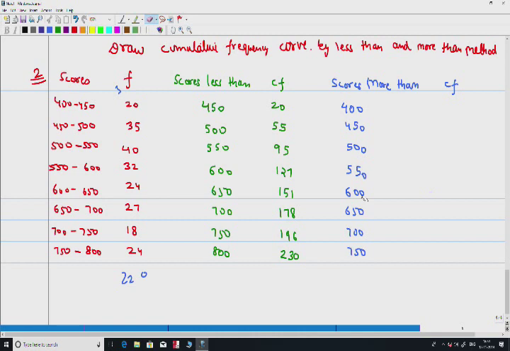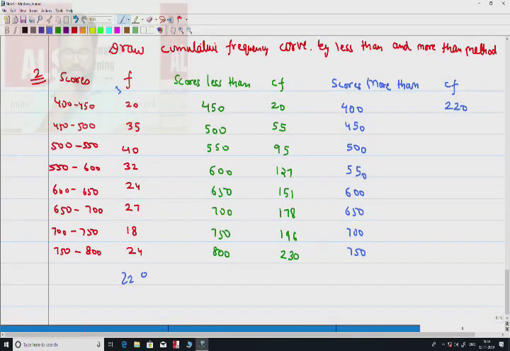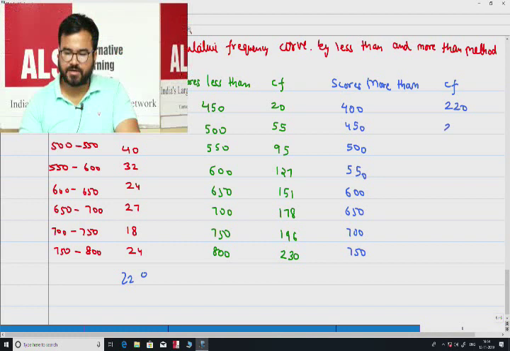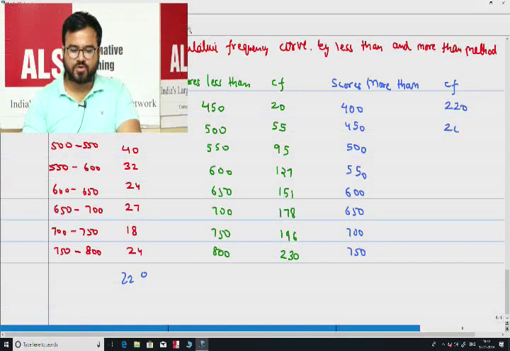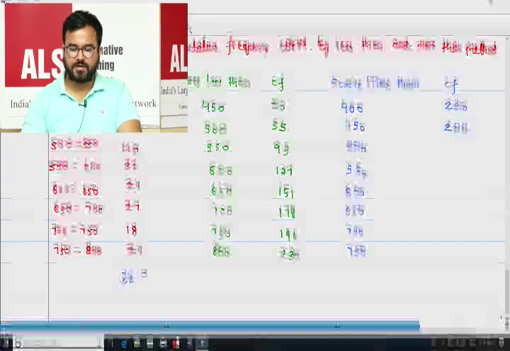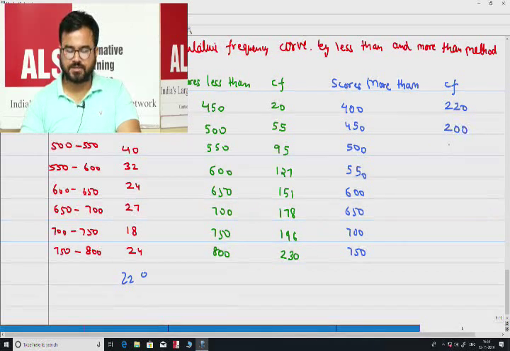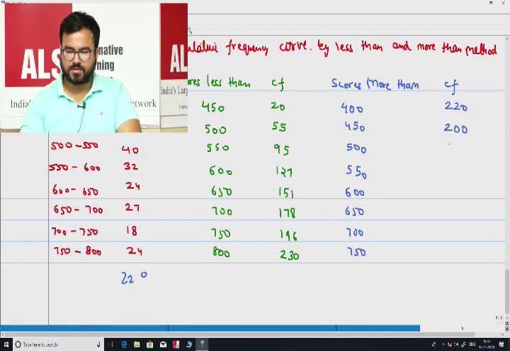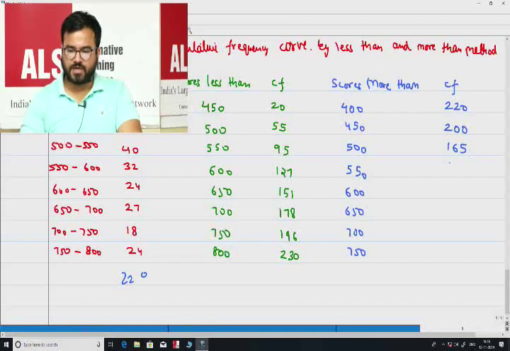So it will be more than 400, it will be 220. Then 220 minus 20, that will be 200. Then more than 500, that will be 200 minus 35, that will be 165. Then subtracting 40, that will be 125.